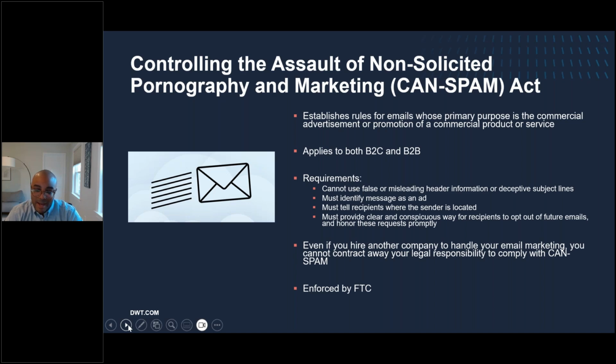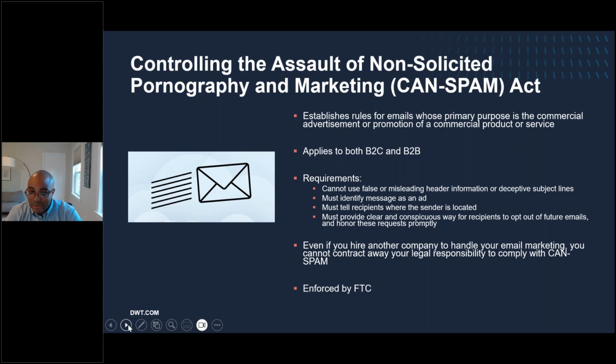And this CAN-SPAM Act applies to both business to consumer, so your typical consumer-based products, as well as business to business, or B2B. So whether you're sending commercial messages to enterprises or individuals, this applies.